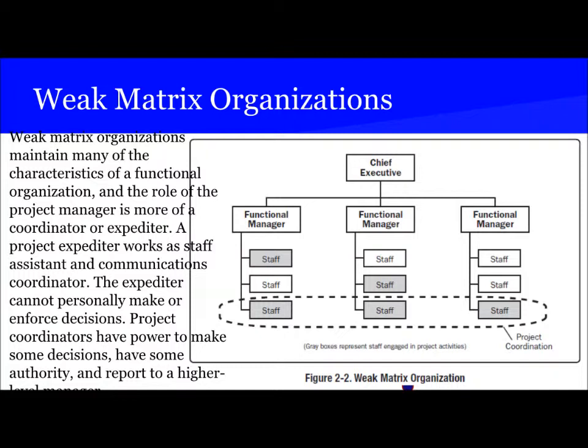Project coordinators have power to make some decisions and have some authority and report to a higher level manager. So this is just an example of how project coordination works. These gray boxes represent staff engaged in project activities. There is no project manager here with big authority.